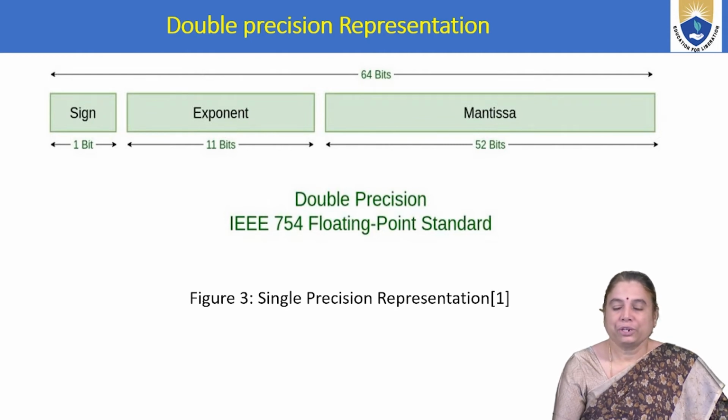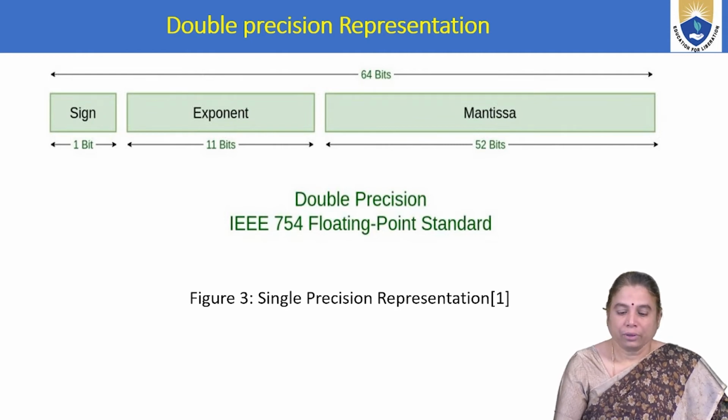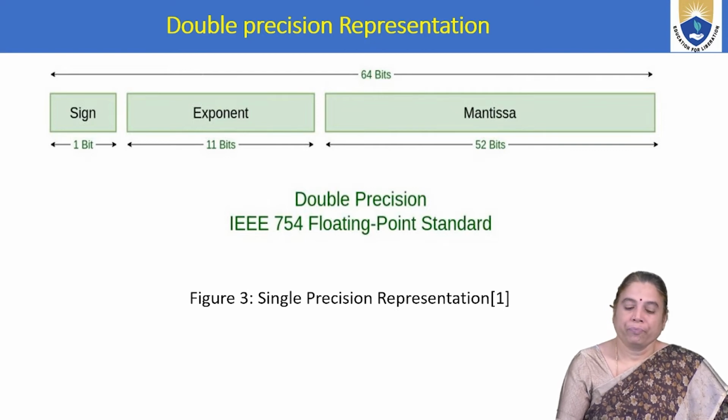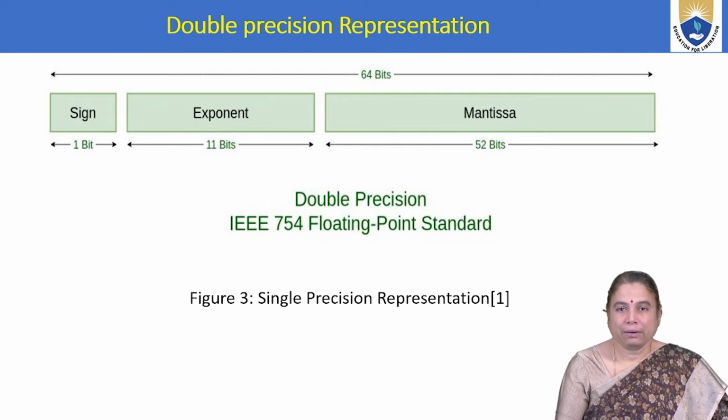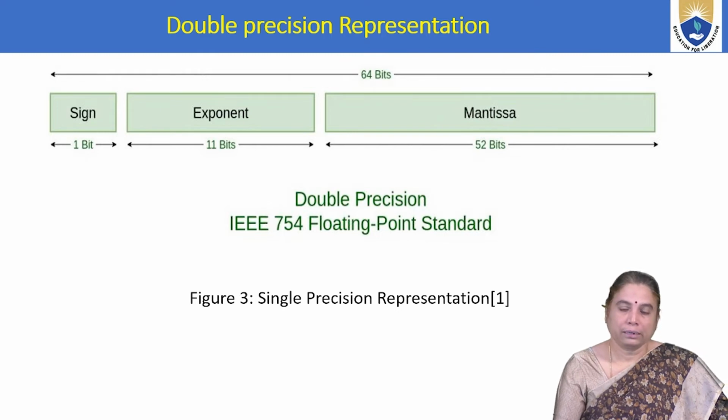Next, double precision representation. The double precision representation occupies 64 bits of memory. Here also the numbers are categorized into 3 parts: one is the sign bit, second is the exponent, third is the mantissa.